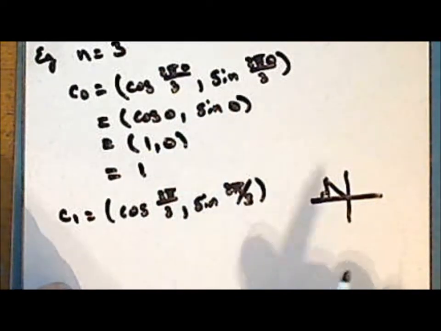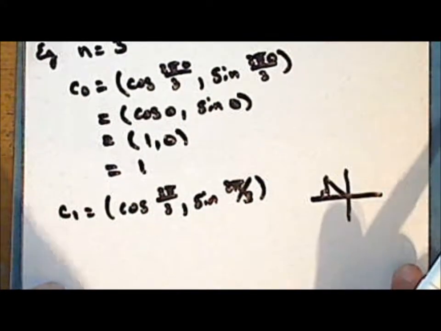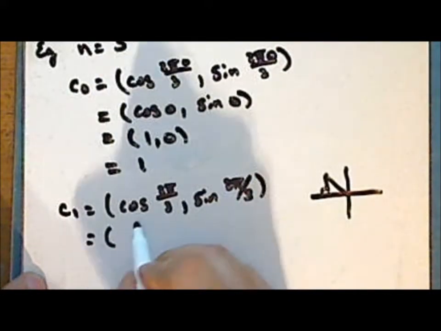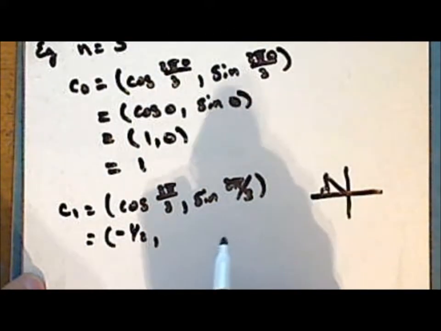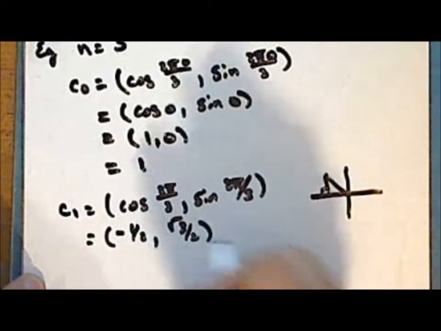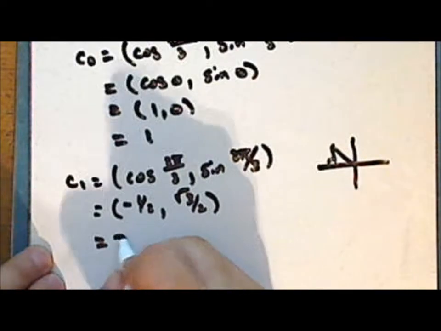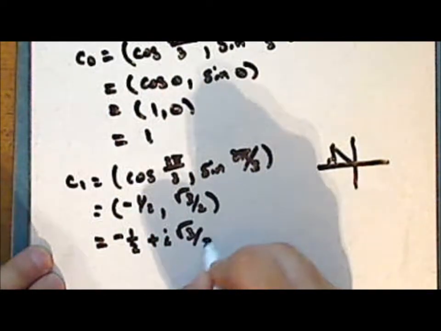This is an angle based on pi over 3 radians, that is 60 degrees, and so cosine of 2 pi divided by 3 is negative 1/2. Sine of 2 pi divided by 3 is the square root of 3 over 2. We can write this as a sum. This is negative 1/2 plus i times the square root of 3 over 2.